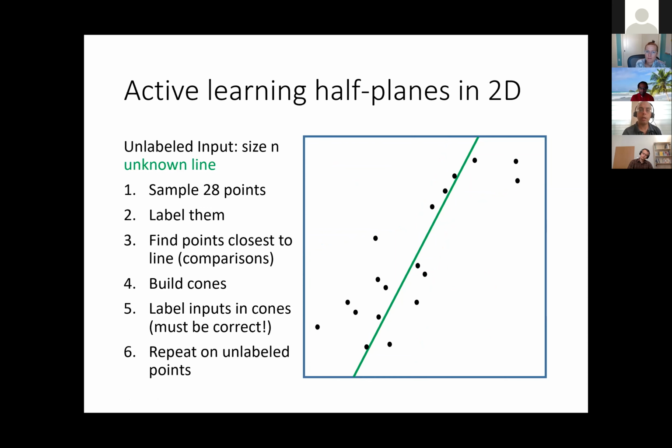So now the main question that you might ask yourself is, why is this guaranteed to work? Maybe here too there are adversarial configurations of points where, when we do sampling and this labeling and this inferring, you only learn a small number of points, and we need to repeat this many, many times. Why is this algorithm guaranteed to label many points at every iteration?